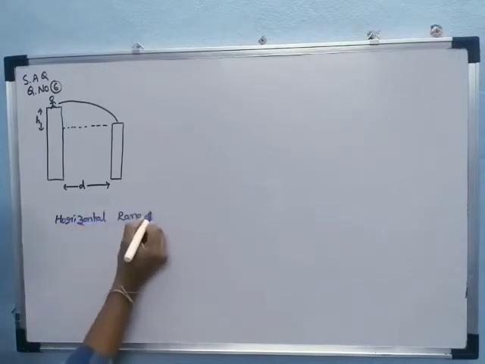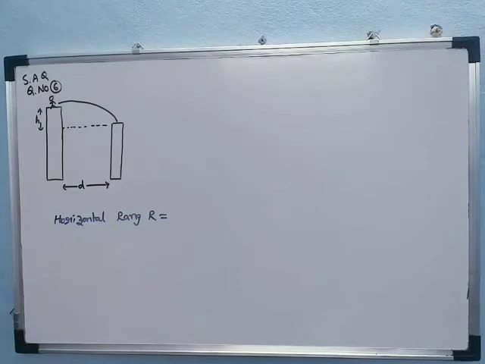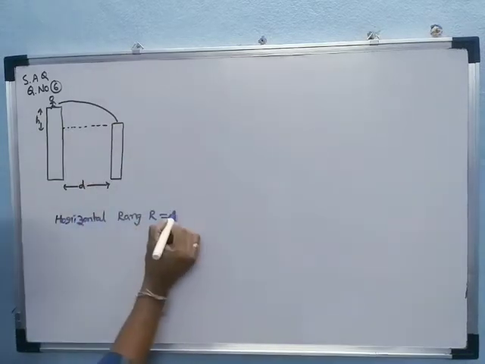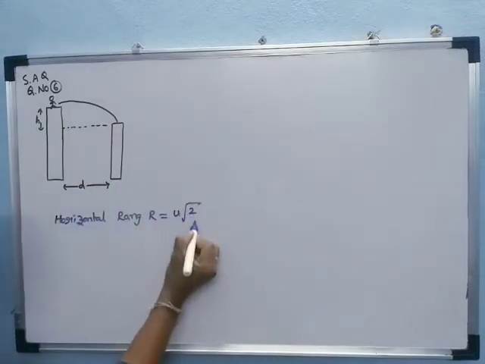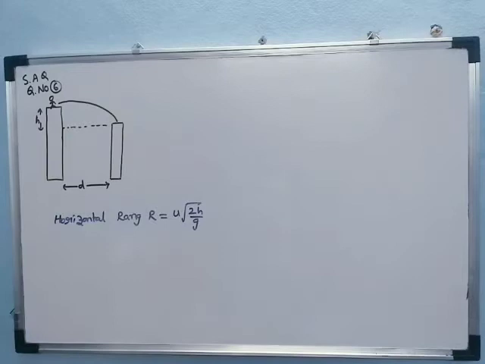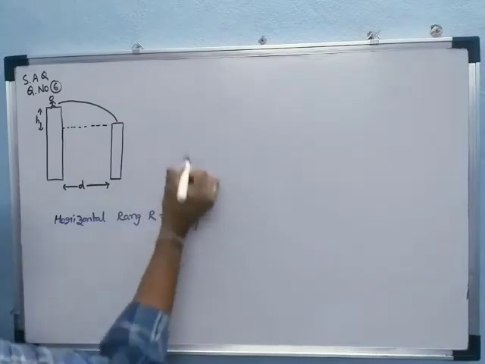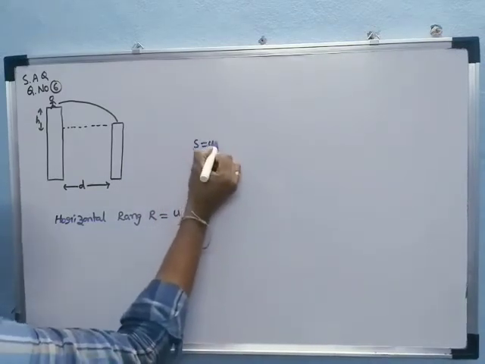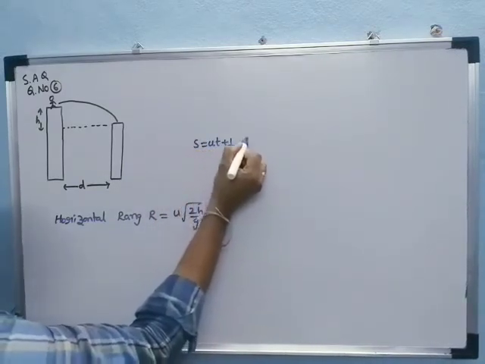This horizontal range R is equal to horizontal velocity into time of flight. See, that time of flight is nothing but under root of 2h by g. Why are we taking this? See, here we take s is equal to ut plus half at square formula.